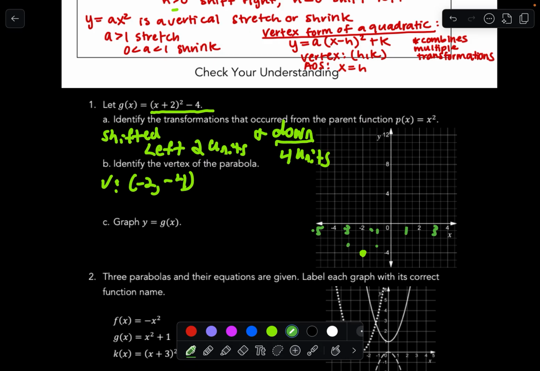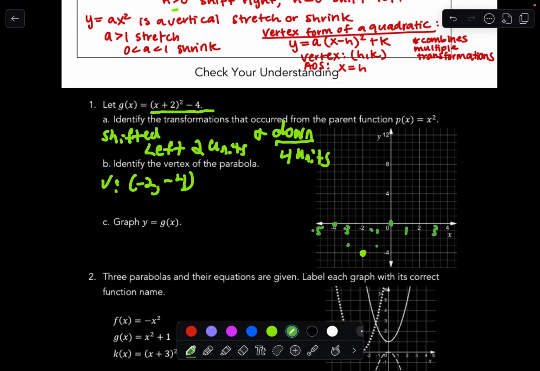Over 2 from the vertex. 1, 2. 2 squared is 4. We go up 4. So that's 1, 2, 3, 4. So we are there. Okay. And we go over 3. 1, 2, 3.